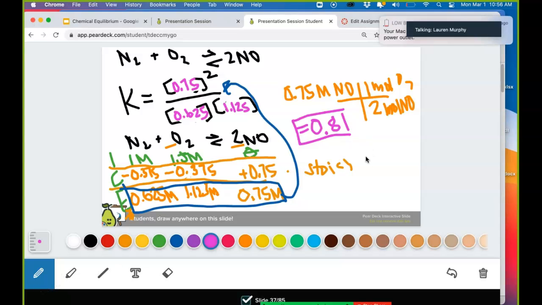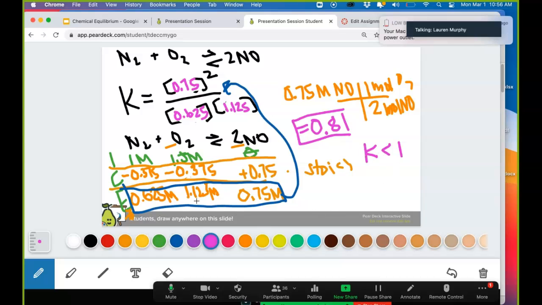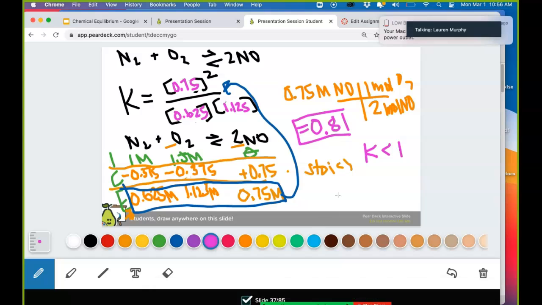So this is technically considered like K less than 1, right? So small. So this reaction at equilibrium tends to be favoring the reactant side, right? Again, K is products over reactants.